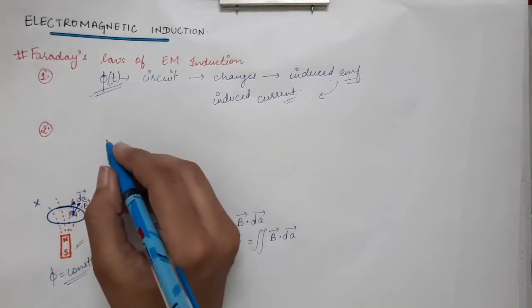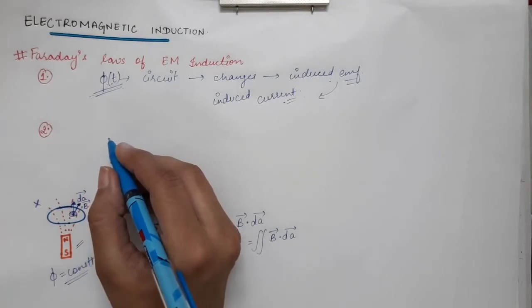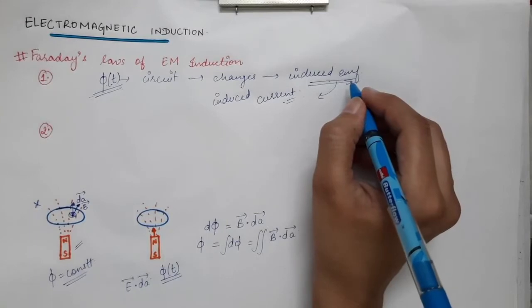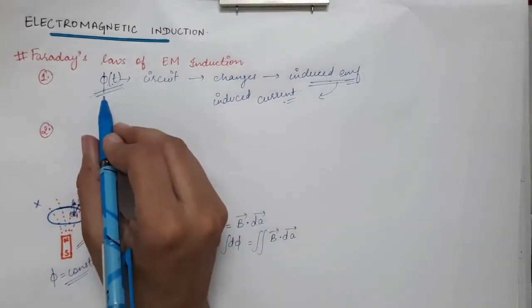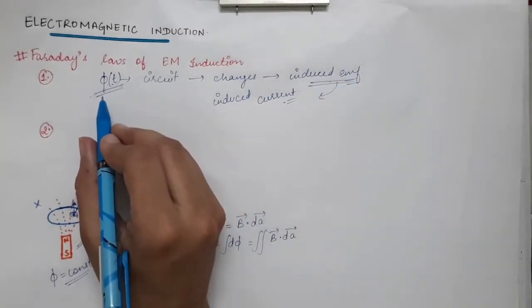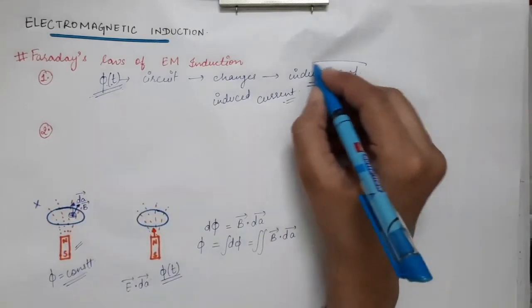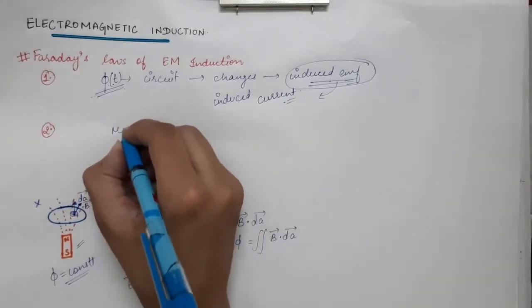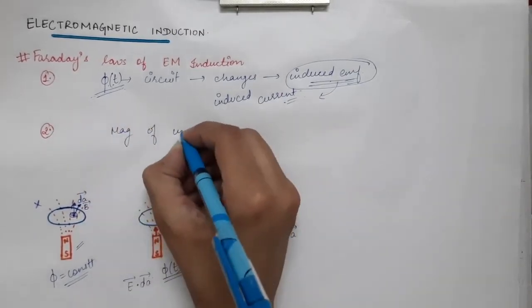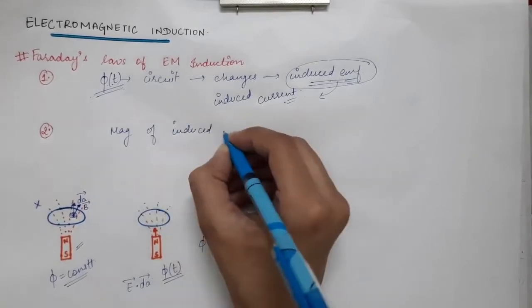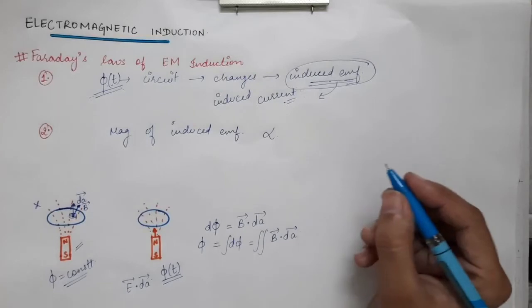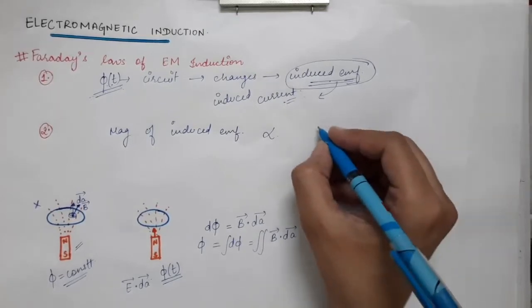And the second point is about the magnitude of induced EMF. As we have said, induced EMF is set up in the circuit when there is a change in magnetic flux linked with the circuit. Now what is the magnitude of this induced EMF? The magnitude of induced EMF is proportional to the rate of change of magnetic flux linked with the circuit.